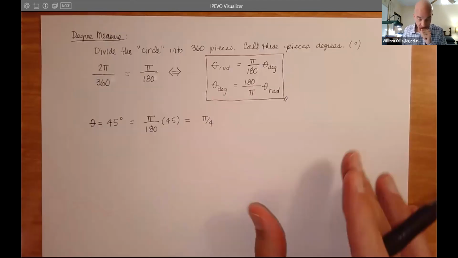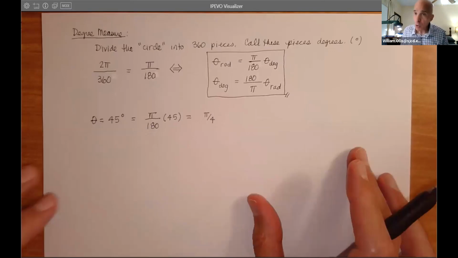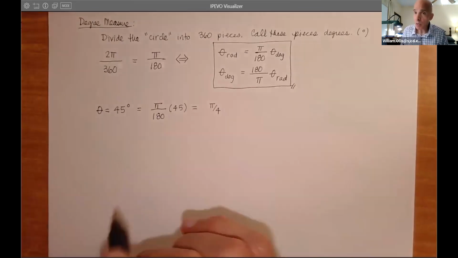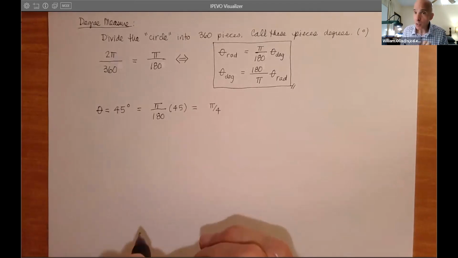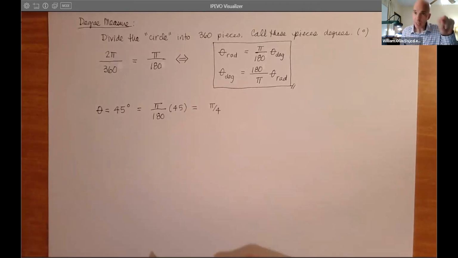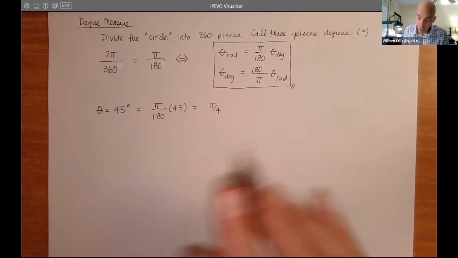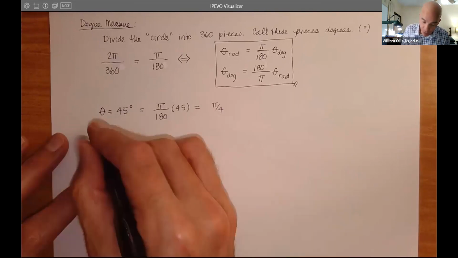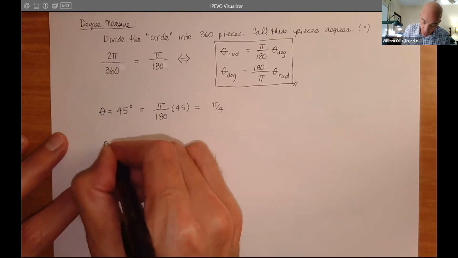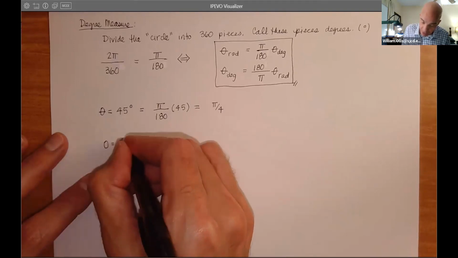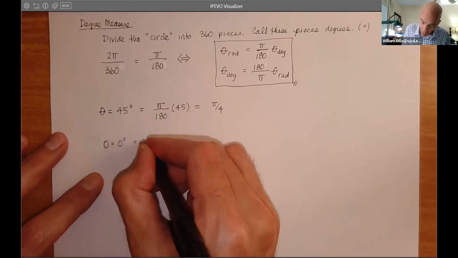So now we think of this as the conversion factor, where we write both of them as pure numbers. Now let's go ahead and get the degree measure for all of the radian measure in the first quadrant, and then cheat to get the rest of the circle. So we've got one right here. What about when theta equals 0?